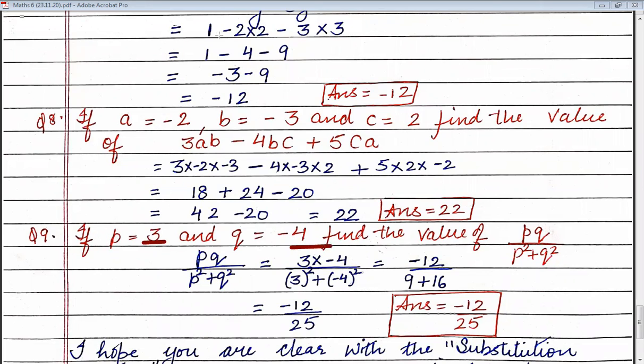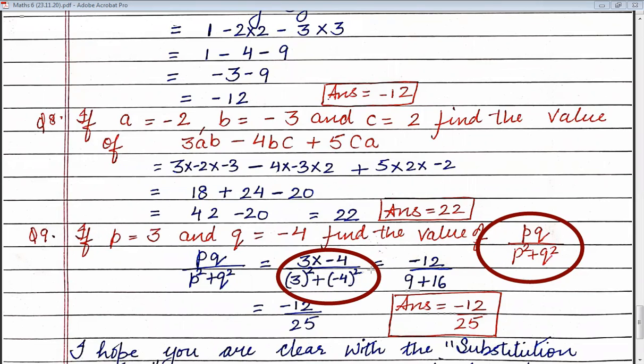So now let us find out the value of the given expression, that is PQ divided by P square plus Q square. Now let us use the substitution method. Now PQ means 3 multiply minus 4 divided by 3 square plus minus 4 power 2.